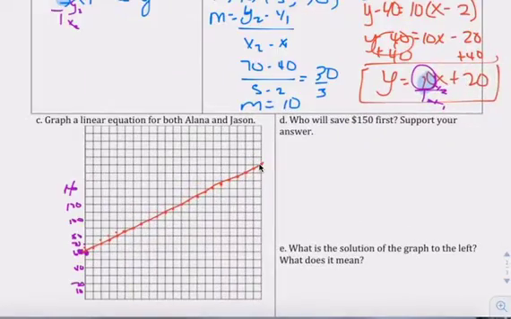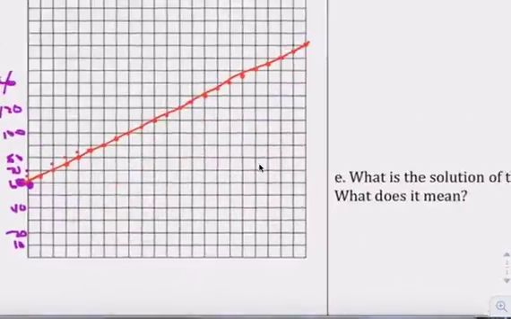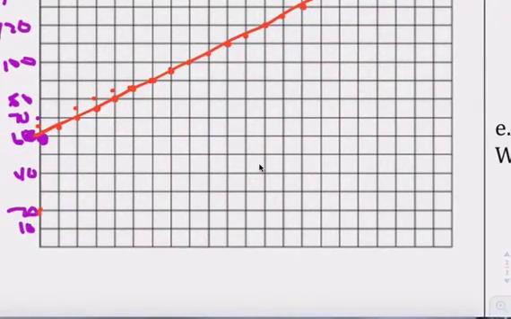And another one is graphing this one here. Your y-intercept is at 20. That's up 10. So up 10 is one whole thing over 1. Up 10 over 1.